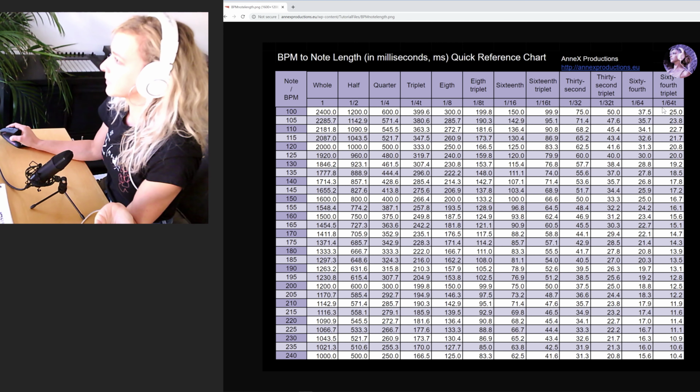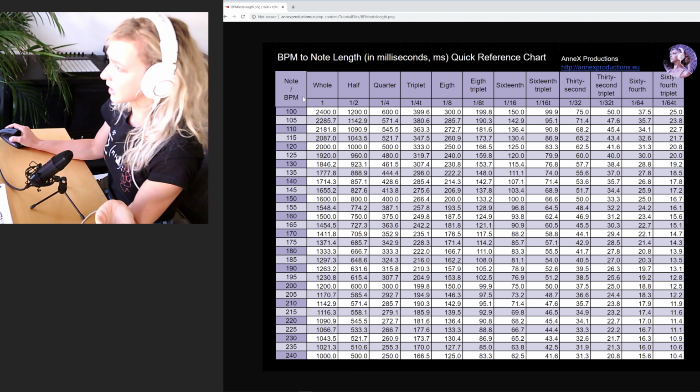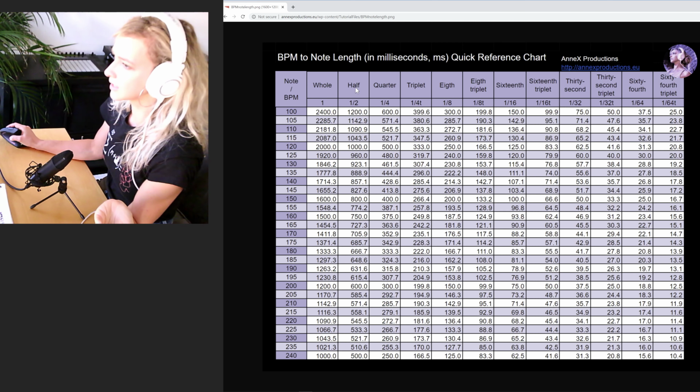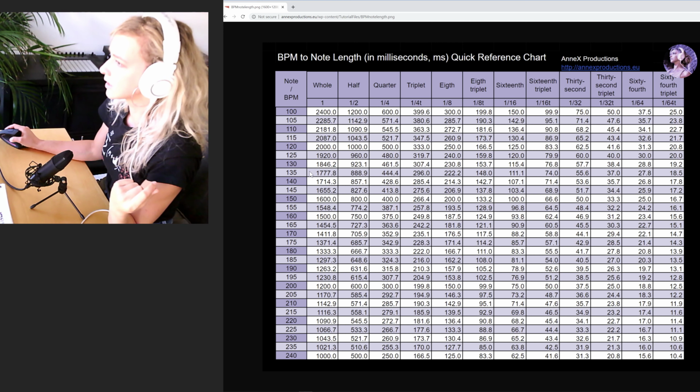Okay, on the x-axis, so on the top row here, we have what the note increments are. We have them spelled out on the top, so a whole note, half note, quarter note, triplet note, and under there is how you would write out what the note was.